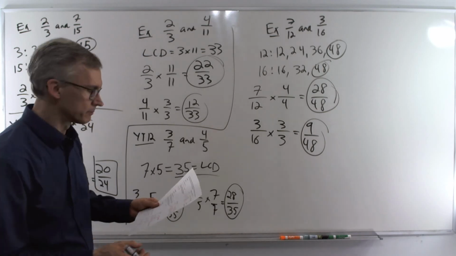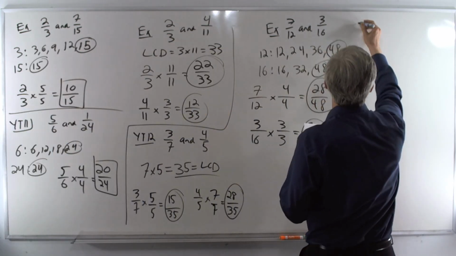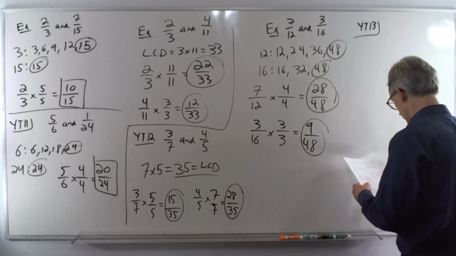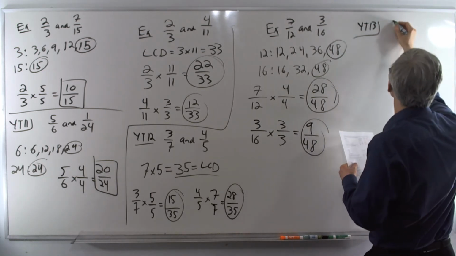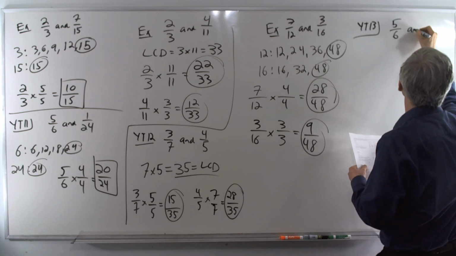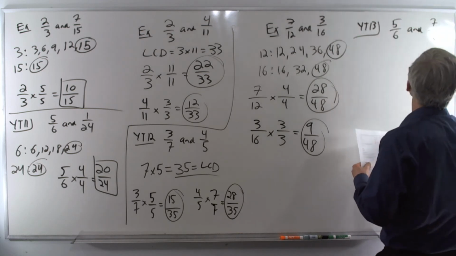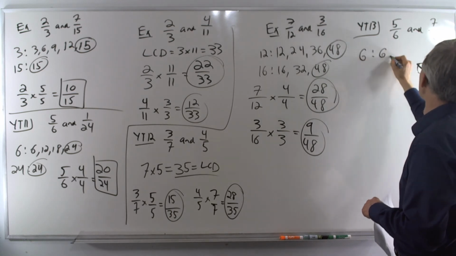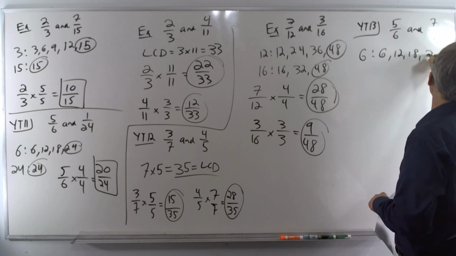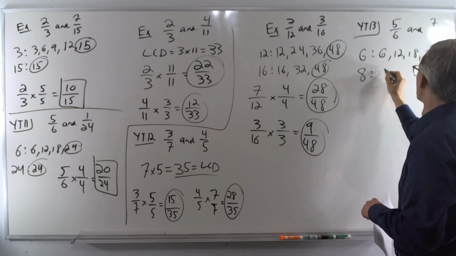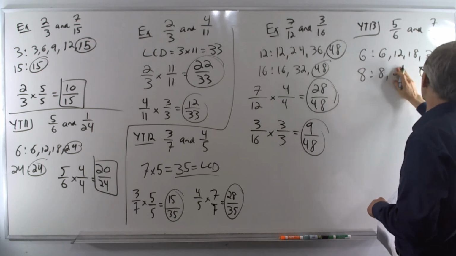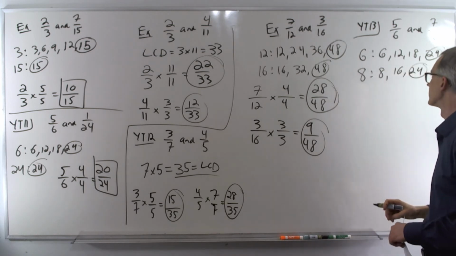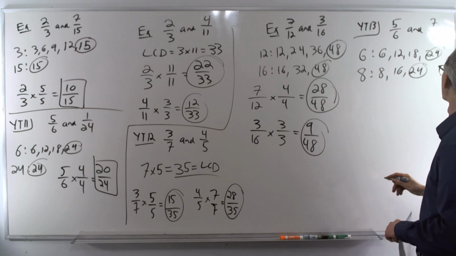Your turn, number 13. We're going to do 5/6 and 7/8. First match in those two listed multiples is 24. So there's our LCD.